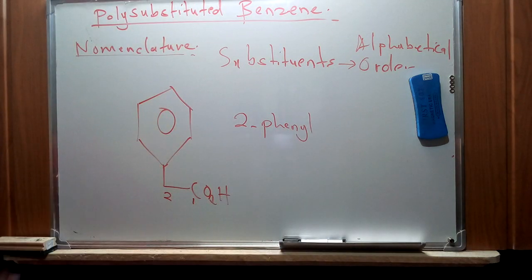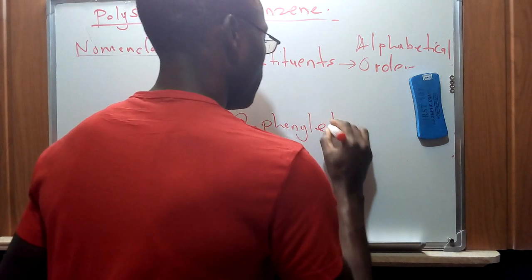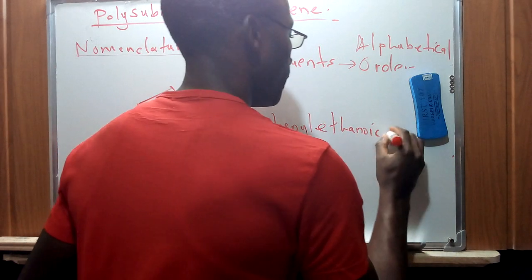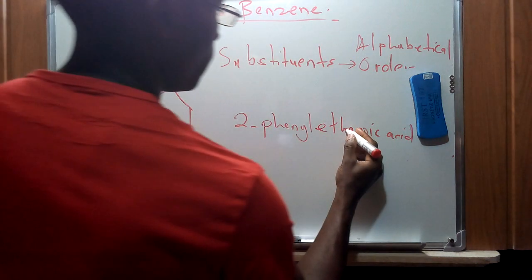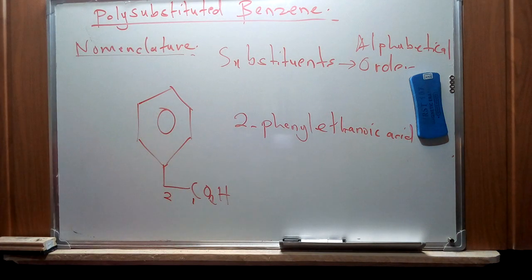That's why I've indicated the numbers from that point for the functional group of an acid. So it's going to be 2-phenyl ethanoic acid. For a 2-carbon organic acid, that is ethanoic acid.